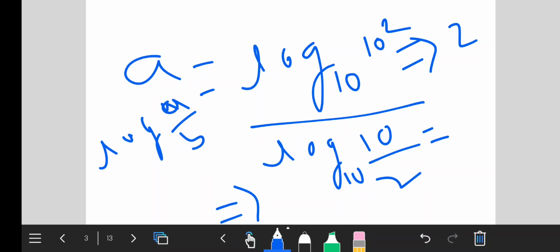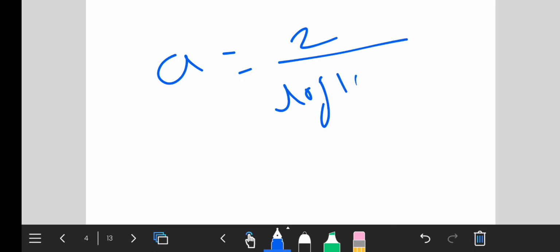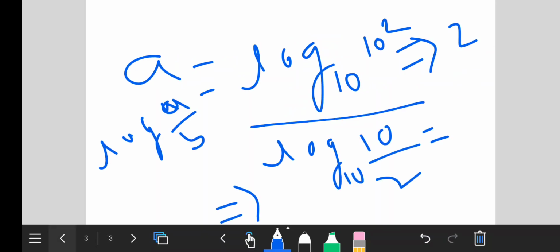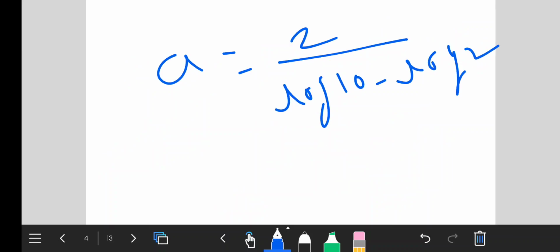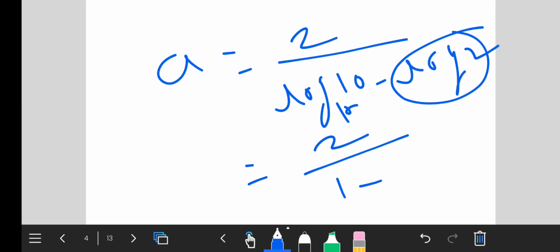So ultimately a equal to 2 divided by log of 10 minus log of 2. Log of 10 to the base 10 is nothing but 1. So 1 minus log of 2, and log of 2 is approximately 0.3, friends.